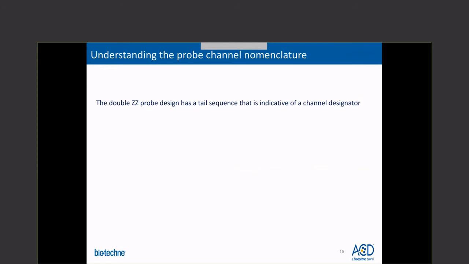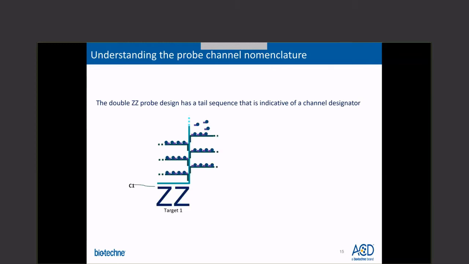In order to detect multiple mRNAs simultaneously, multiple amplification trees must be built. That being said, we must ensure specificity. The specificity is ensured by adding a unique tail sequence to the probes. This means in the double Z probe design, we have a tail sequence that is indicative of a channel designator.